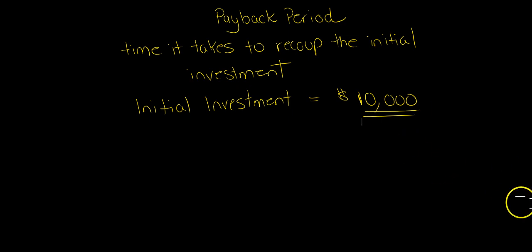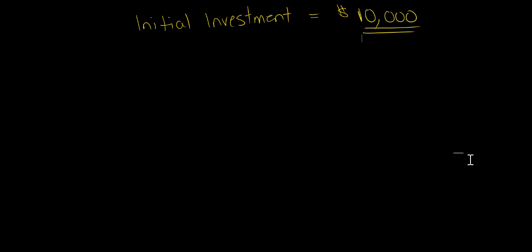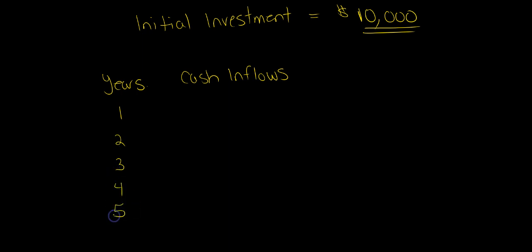And so that's how we're going to make our income, through providing our tours. So if we pretend that over the next 5 years, the cash that we would receive from giving these tours is $1,500 in year 1.